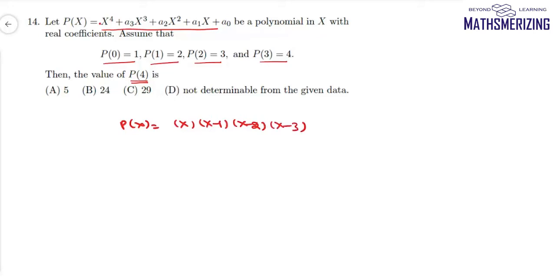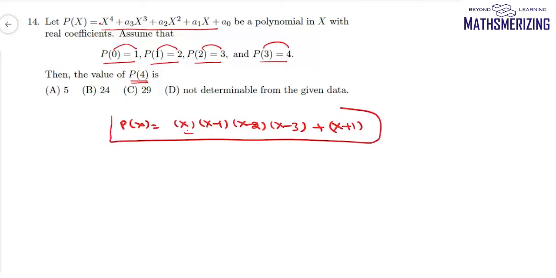Whenever I put 0, 1, 2 or 3, all of these terms will be 0, and then plus x plus 1. So if I put 0, I'll get 1. If I put 1, I'll get 2. So that is the polynomial that we are talking about.